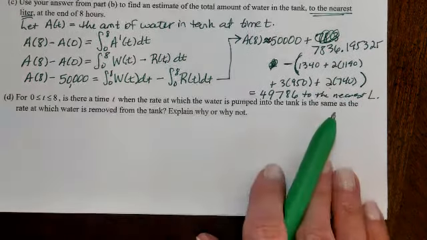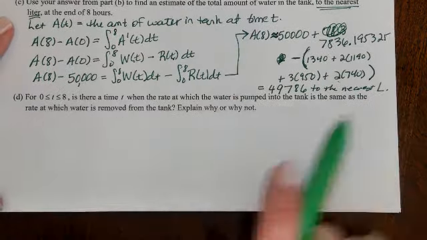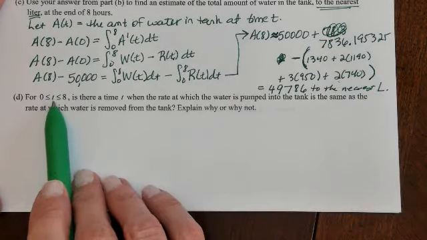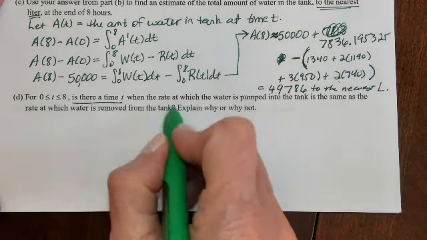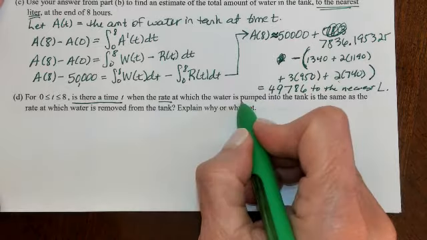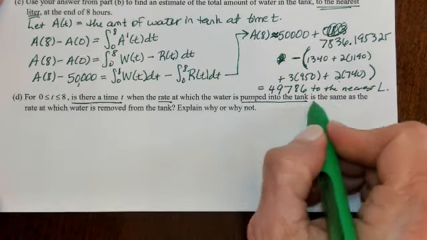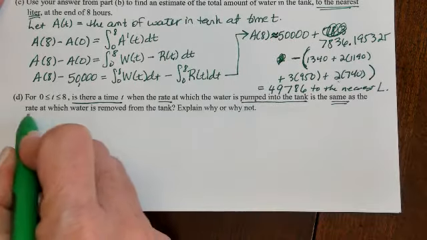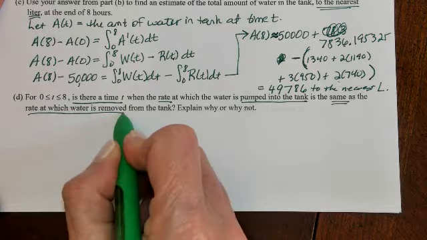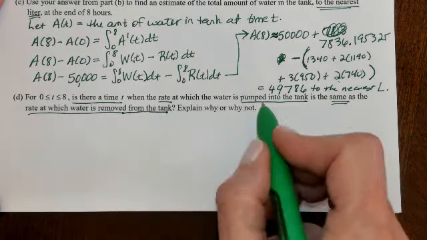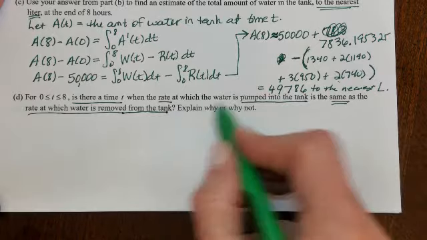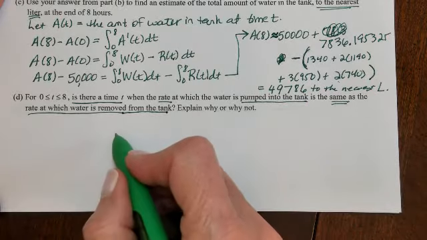That's okay. Part D. For 0 to 8, is there a time when the rate at which the water is pumped into the tank is the same as the rate at which water is removed from the tank? So rate in, is there a time when rate in equals rate out?